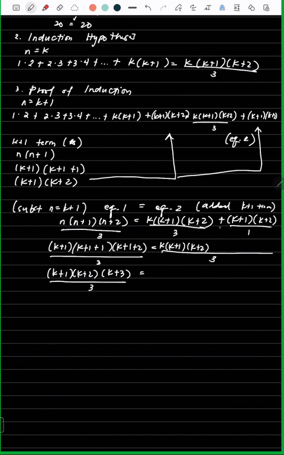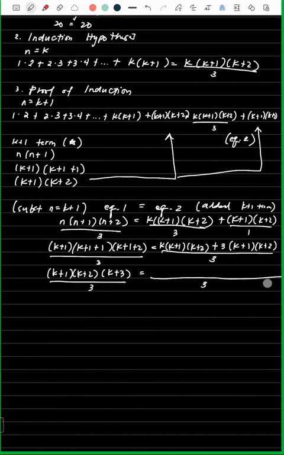So that would be k plus 1, k plus 2, plus 3 divided by 1, multiply to the numerator. So 3 divided by 1 is 3, multiply to the numerator would be 3, k plus 1, k plus 2.